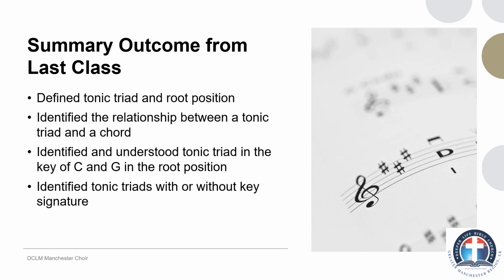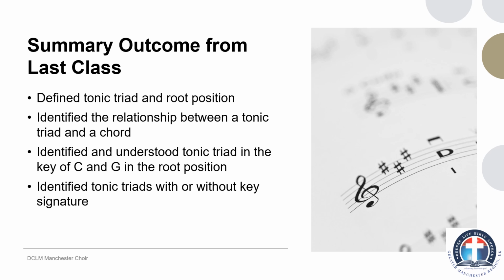Your lowest note in that key is C, the lower C, which is the first note. Now we also identified and understood the tonic triad in the key of C major. We see how it's positioned on our stave, on the lines and in the spaces, and that it comprises the first note, the third note, and then the fifth note.